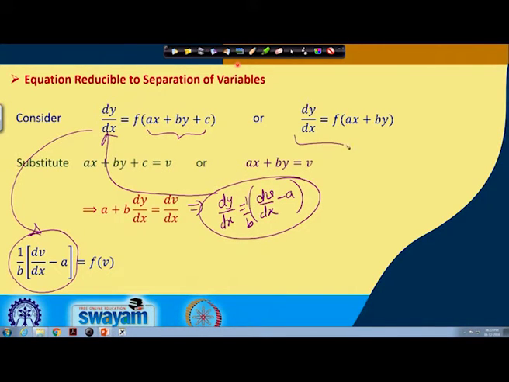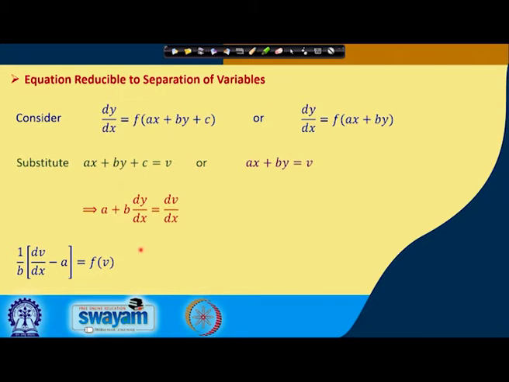Whether from this equation or that one, we get exactly this equation: 1 over b, dv over dx minus a, is equal to f of v.